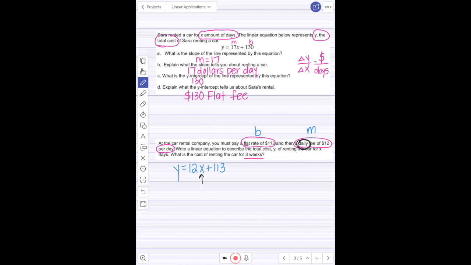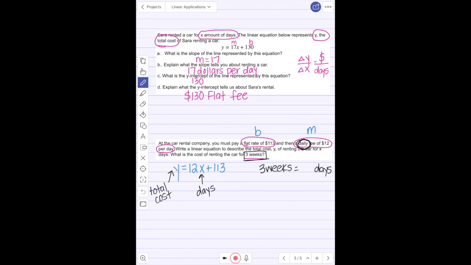So my x represents days, and my y represents the total cost. So they want us to figure out how much it's going to cost for 3 weeks. Well, we can't plug 3 weeks into a day problem. So we're going to have to convert 3 weeks into days.